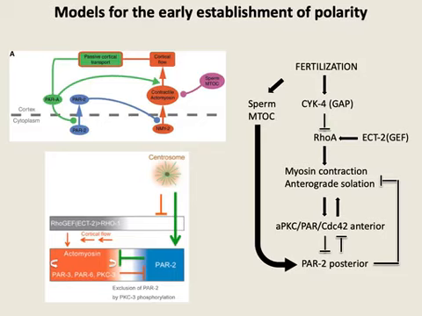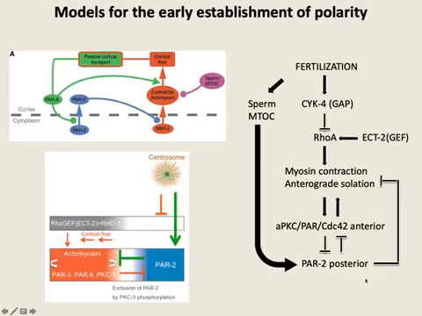On top of that, you have this other branch, which I have not shown you any data about, that fertilization does not only bring the GAP, it also brings the sperm MTOC. We've seen last time, MTOC is the microtubule organizing center. It brings a centrosome, okay, which is very important for the subsequent cell divisions. And the centrosome allows for localization of the PAR2 protein at the posterior.